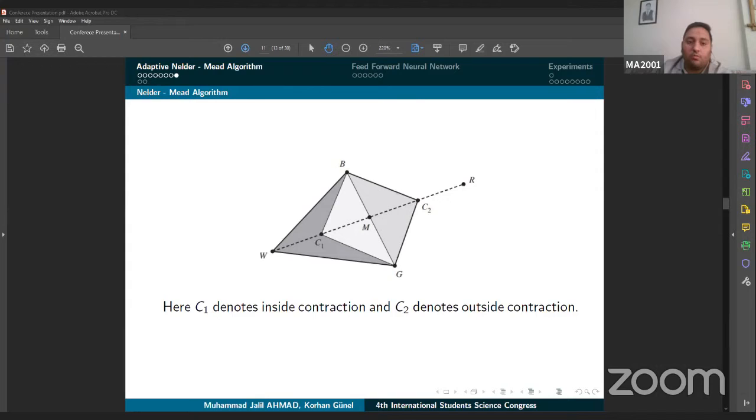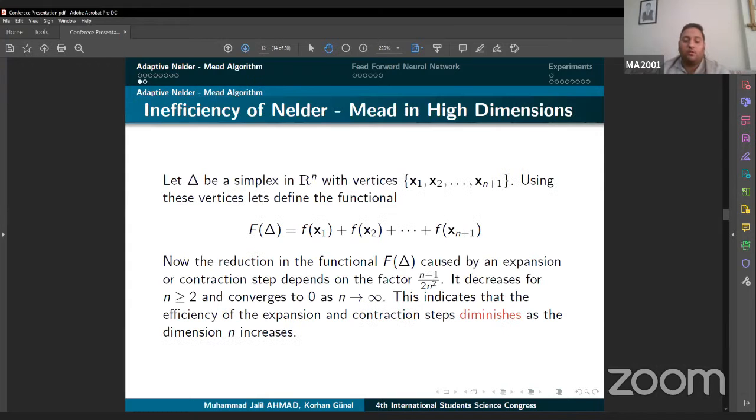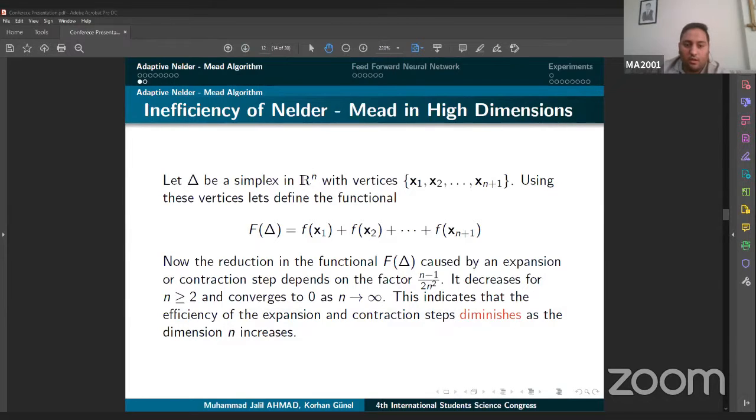So what is the problem? We can ask here, what is the problem with the Nelder-Mead method? So consider our functional, which we defined here. The thing is, if we go to higher dimensions, the reduction of this functional depends hugely on this factor.